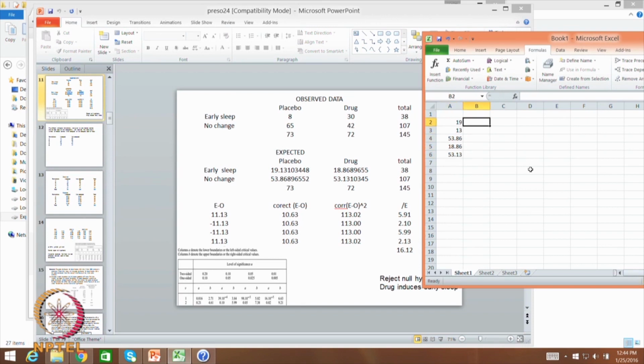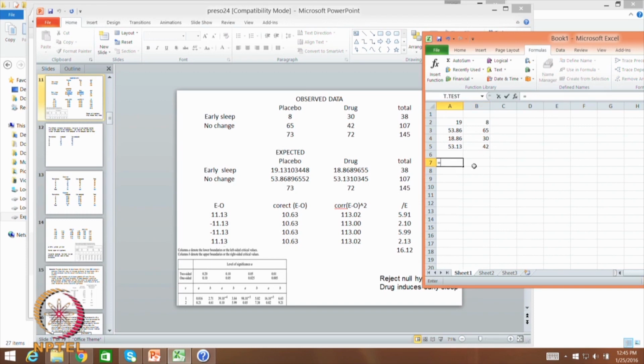Then observed is 8, 65, 30, 42. So expected is 19, 53.86, 18.86, 53.1, and observed is 8, 65, 30.